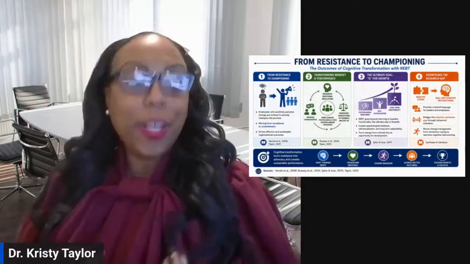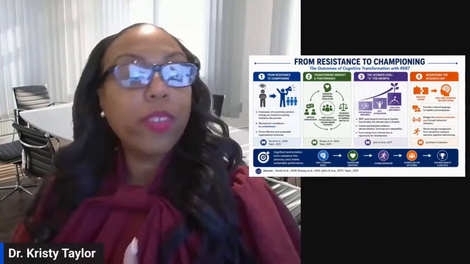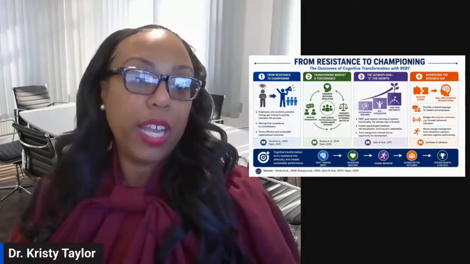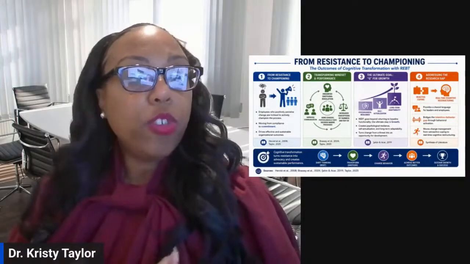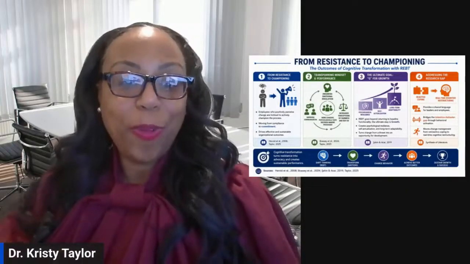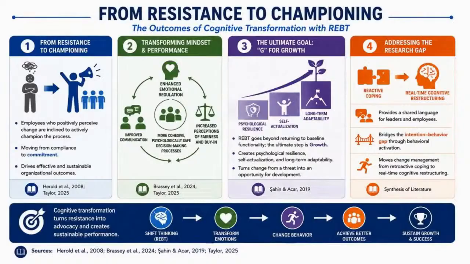And we as leaders within these organizations need to understand the root cause of why employees may be resistant to change, because more than likely it has something to do with the culture in that organization. So as individuals strengthen their behavior agility, they also begin to transform their mindset as well as their performance. And improved emotional regulation is going to help individuals manage that uncertainty more effectively.